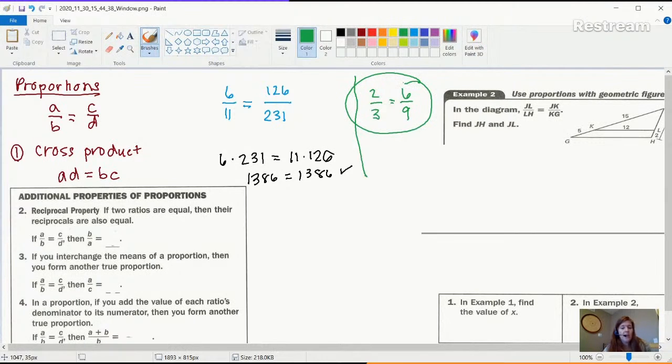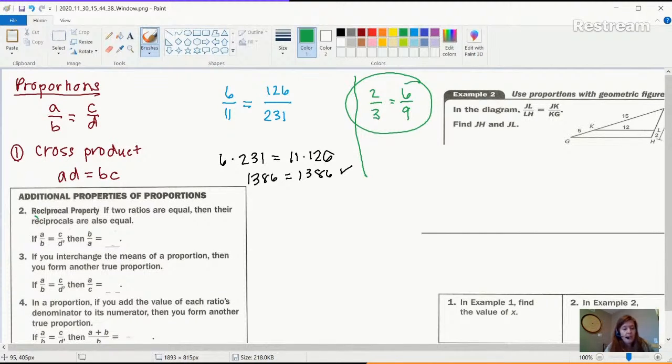Okay, so the other properties I just want to share with you for 6.2 are the ones listed right here. So, additional properties of proportions. The second property, the first new one today, is called the reciprocal property. So think about what a reciprocal is. If you have 1/3, the reciprocal is 3/1. It's flipping the numerator and denominator.